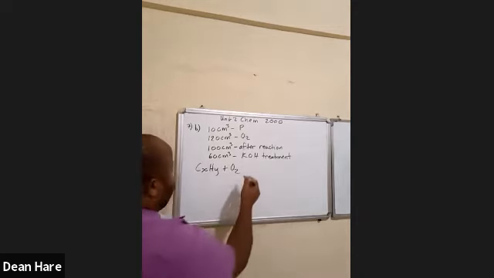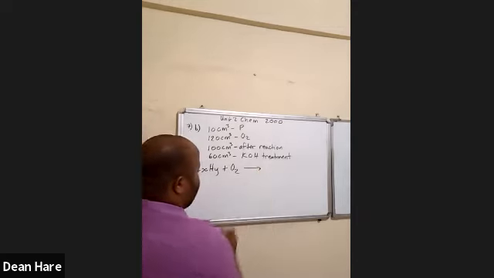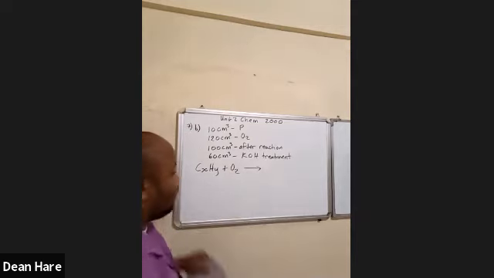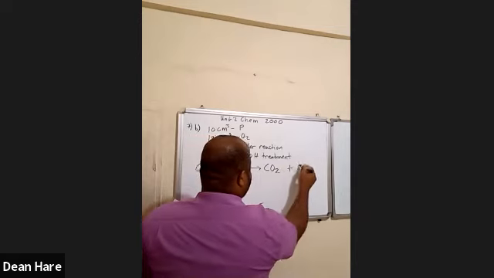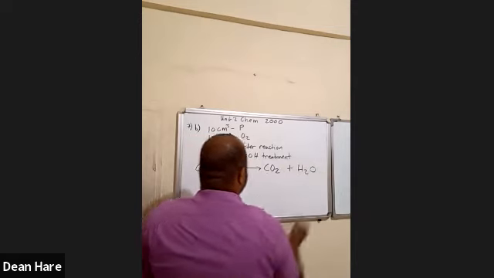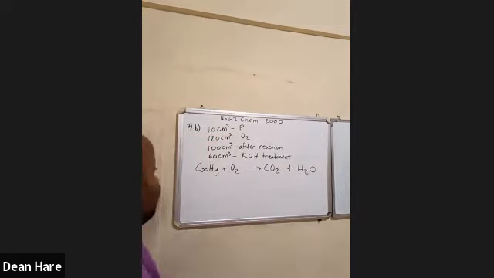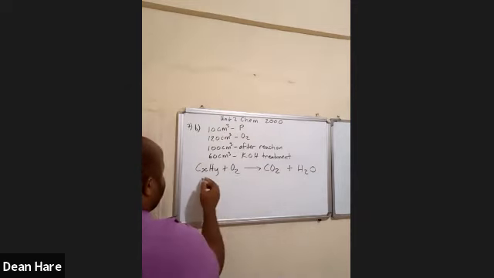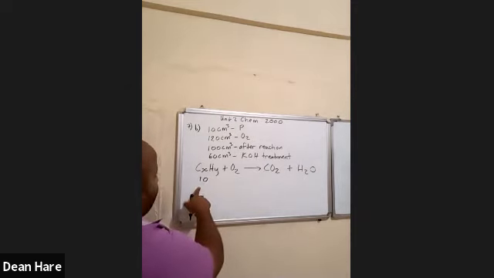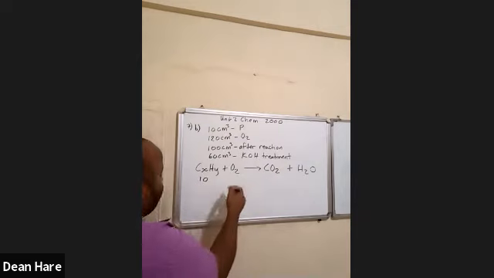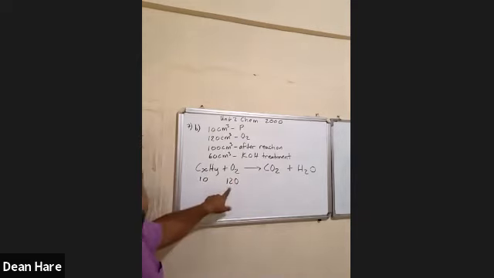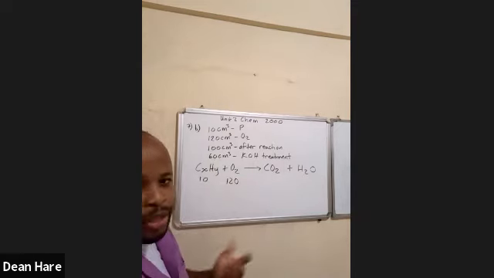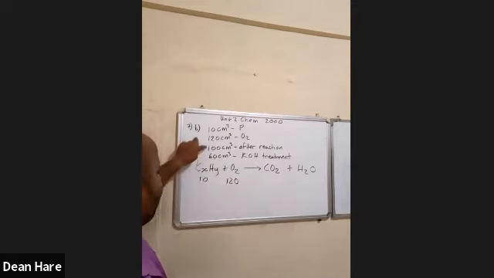We know that if you react a hydrocarbon with excess oxygen, you will get CO2 and water. In the question, we use 10 cm cube of the hydrocarbon with 120 cm cube of oxygen, and after the reaction is completed, we have 100 cm cube of gases.